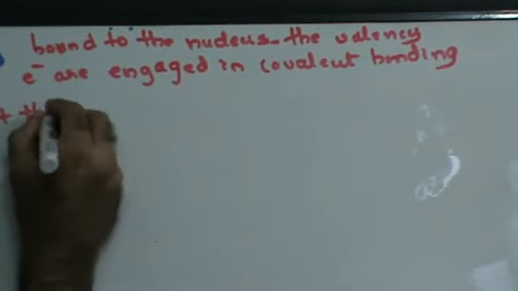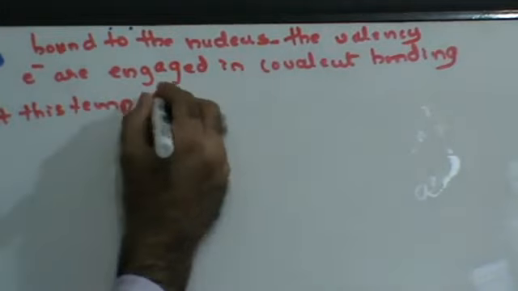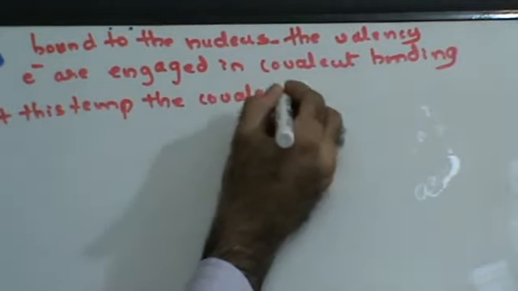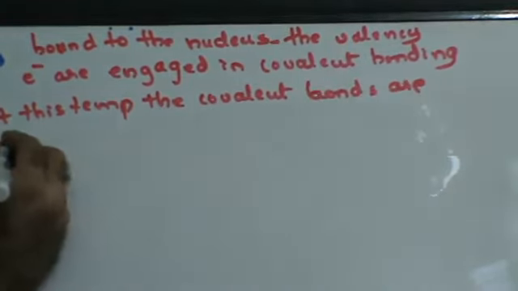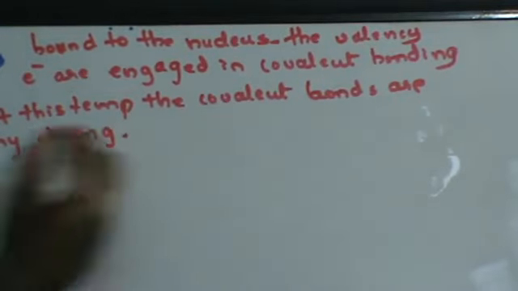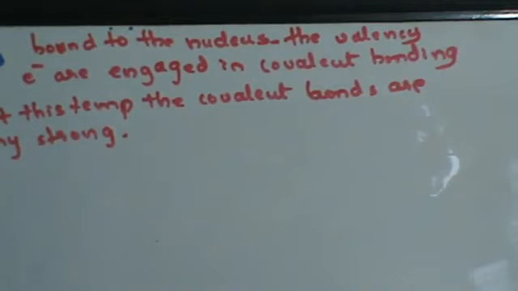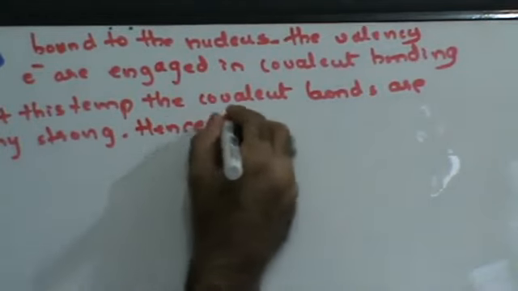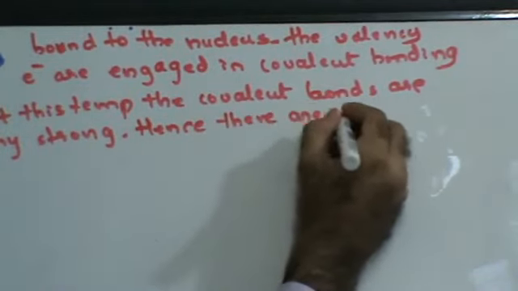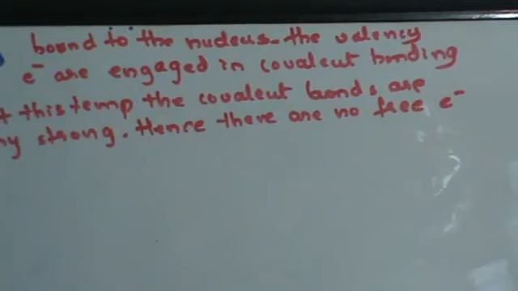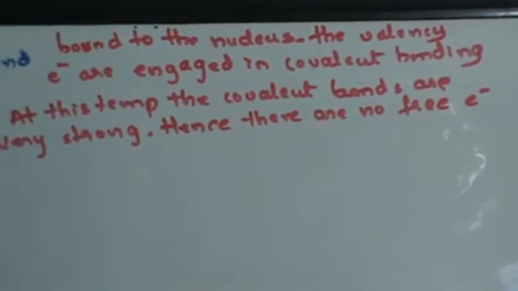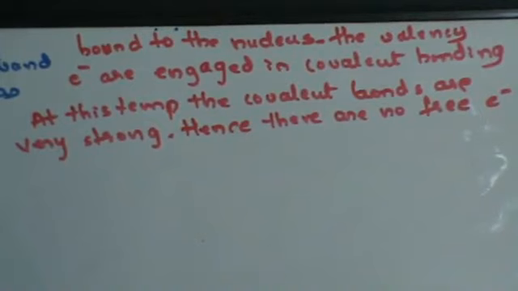As a result, there are no free electrons. Right? In terms of energy band, the valency band is completely filled and there is a large gap between the valency band and the conduction band.